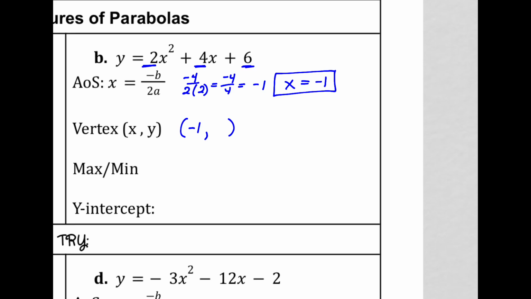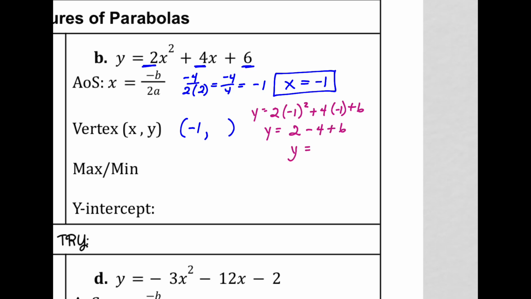So if x equals negative 1, I'm going to go ahead and put that into the equation and see what we work out. So we've got y equals, negative 1 squared is 1, so 2 times 1 would be 2. 4 times negative 1 is negative 4 plus 6.